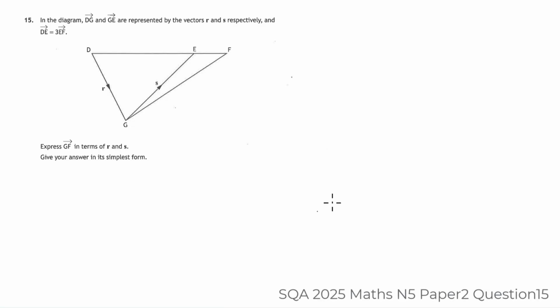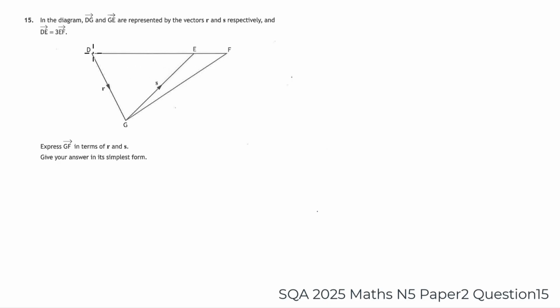So here's the final question in the paper, question 15. And we've got a diagram shown. We're told that DG represents the vector r, and we're told that G to E represents the vector s.